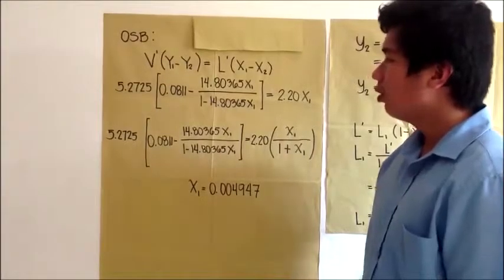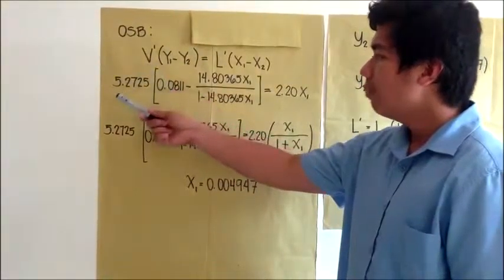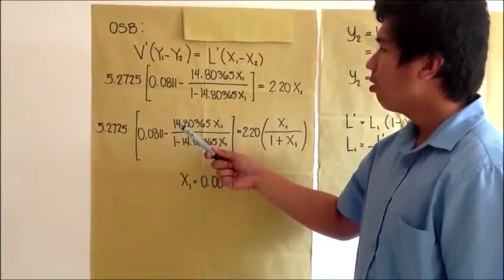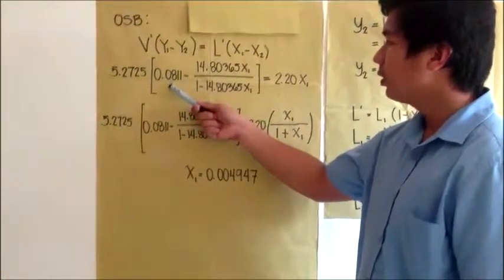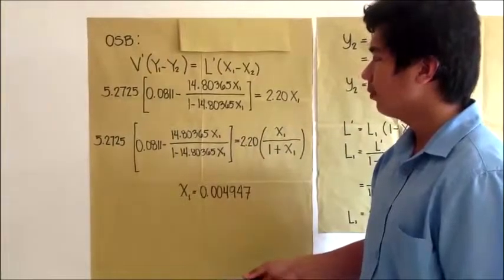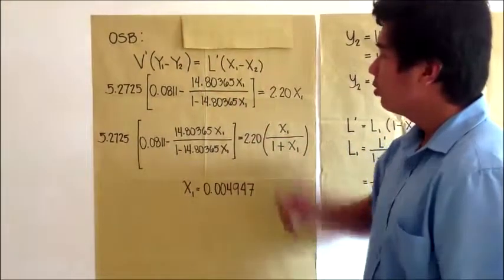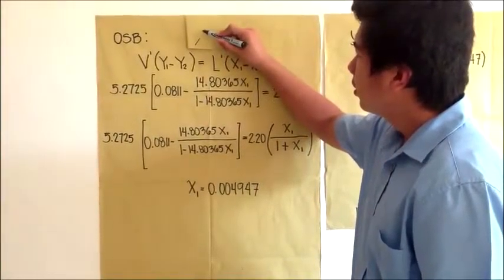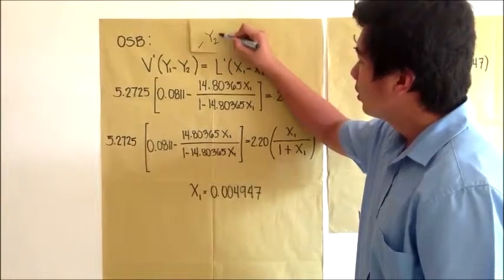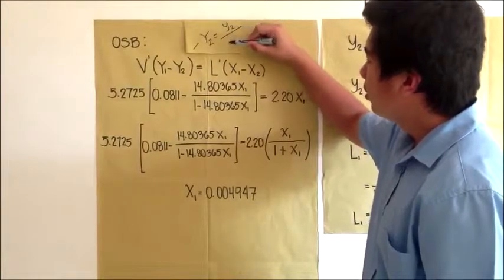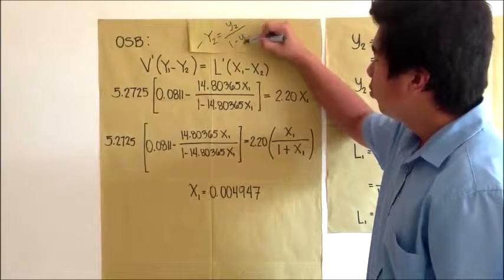We have the value of our V prime, which is 5.2725 kilogram mole, and we also have our value of Y1, which is 0.0811. We can compute for Y2 using the formula Y2 is equal to small y2 all over 1 minus small y2.